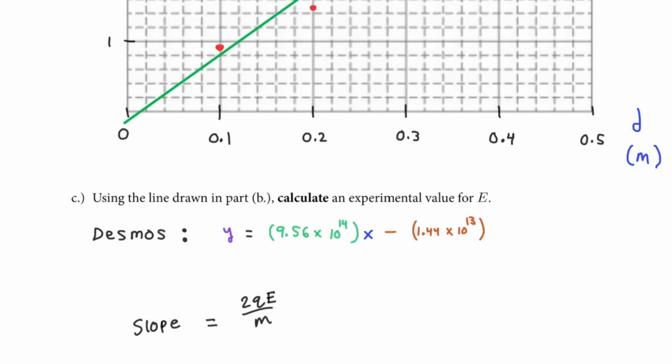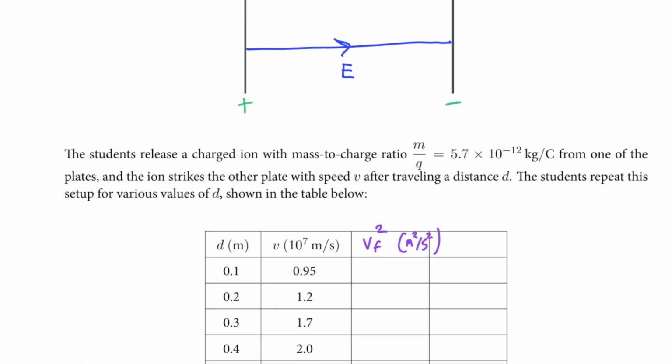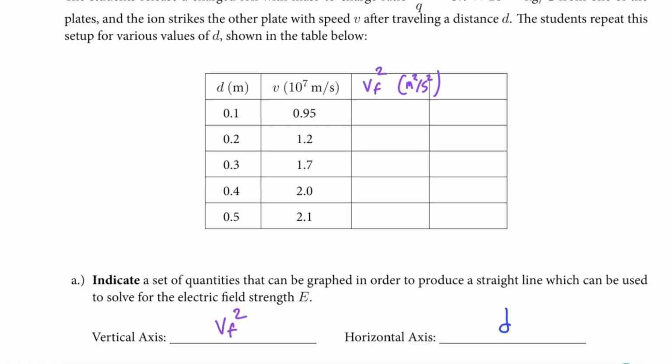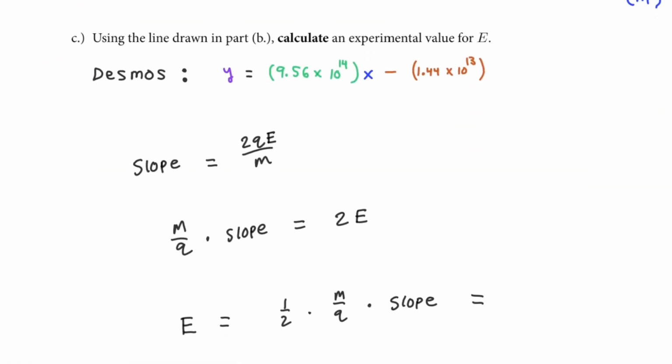Because again, it was given that this m divided by q was 5.7 times 10 to the minus 12. And my slope that I calculated was 9.56 times 10 to the 14.